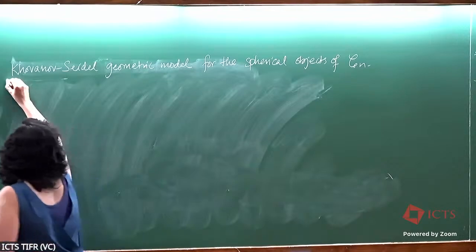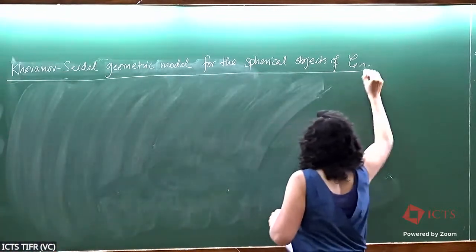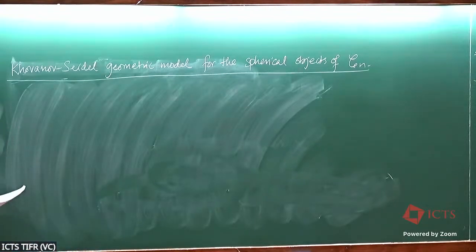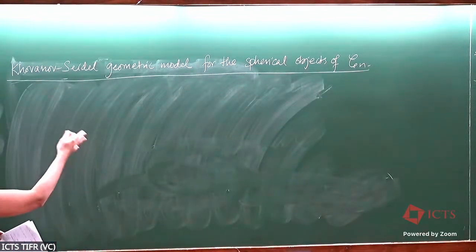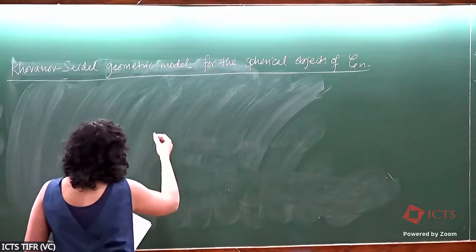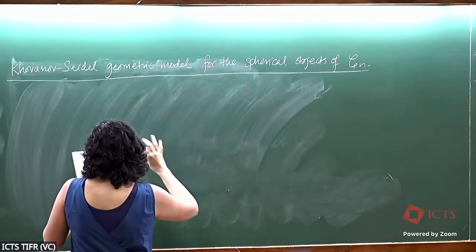So I'll start with the results of Khovanov and Seidel, and then I'll at some point explain there's a dictionary between some kind of topological thing and the categories, but we have some enhancements. So that will be part of the theorem.